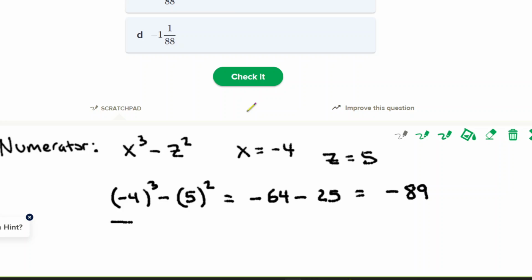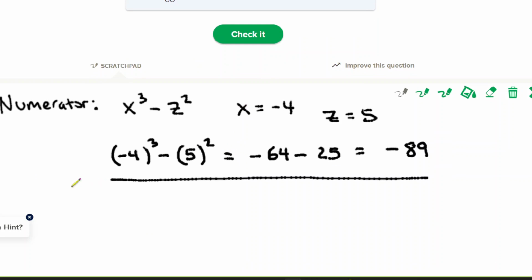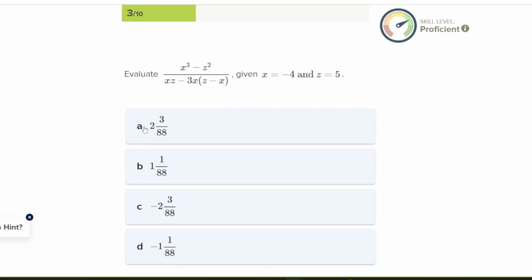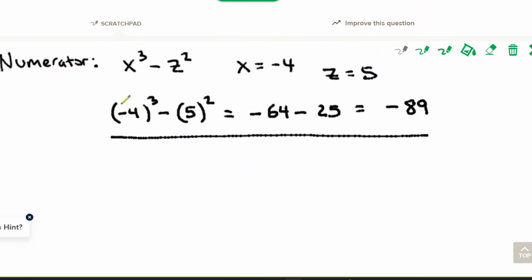That's the numerator. And then we have our fraction bar. Then the denominator is this expression: x times z minus 3 times x times the quantity z minus x. So now we're going to the denominator. I'll just put denom.